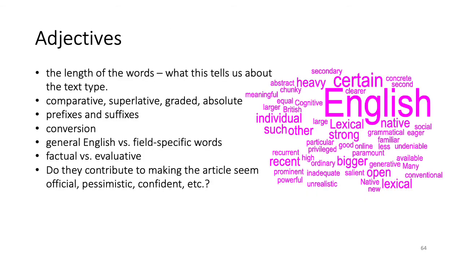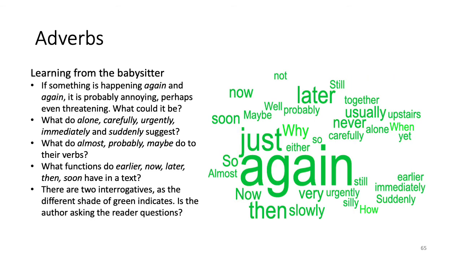If we look at just the adjectives, make a word cloud of just the adjectives in a text, then we can make these sorts of observations that I've got here on the left. You might like to pause the video and see those questions. And similarly with adverbs. If something is happening again and again and again, then it seems to imply something annoying.